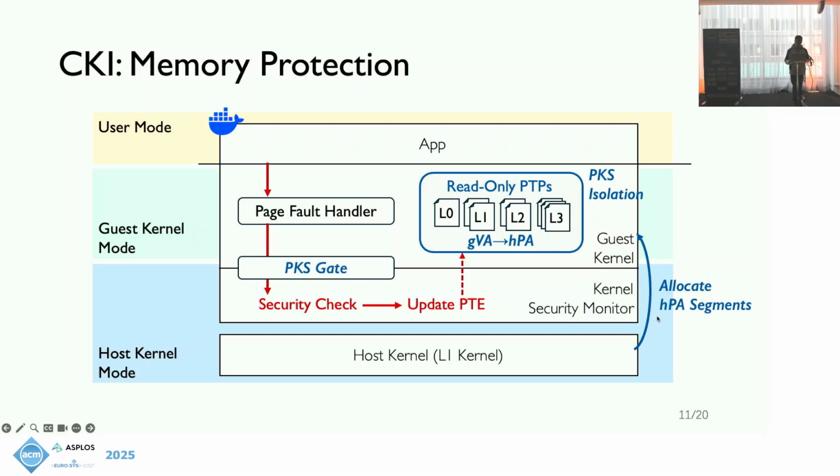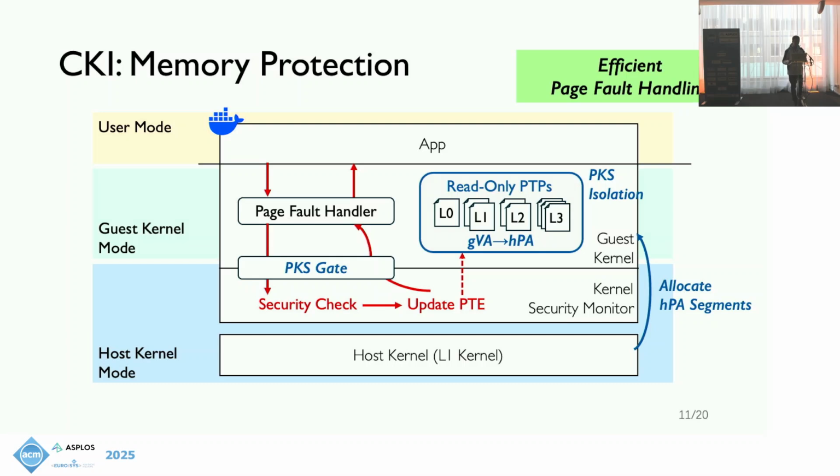The security monitor checks that the allocated page falls within the segments allocated to the secure container and then updates the page table entry. After that, the monitor resumes the guest kernel, and the guest kernel resumes the application. This page fault handling process is efficient as it only introduces a small overhead for PKRS switches and simple security checks.